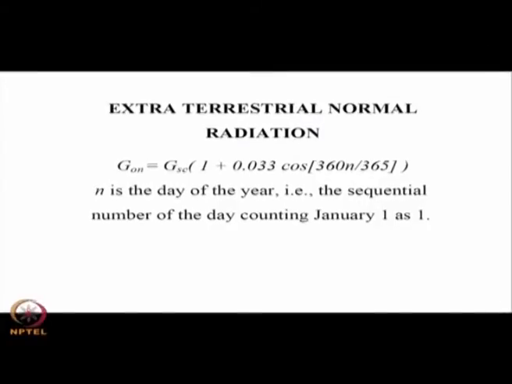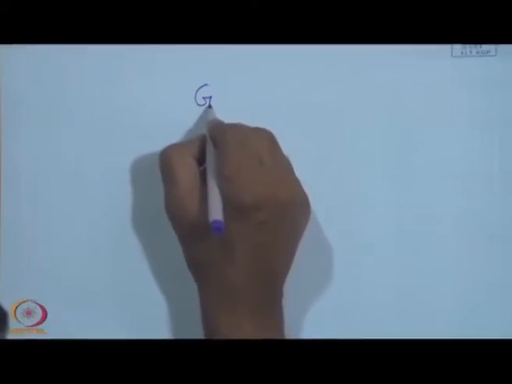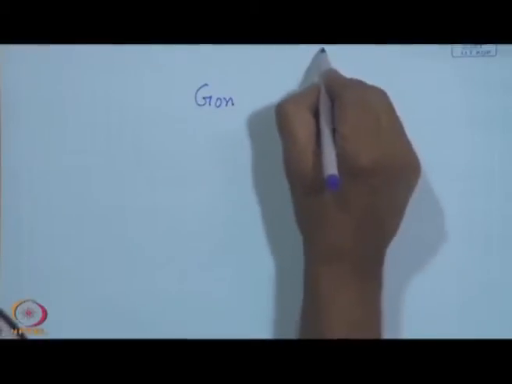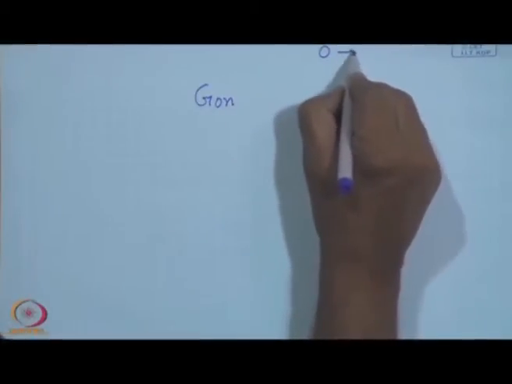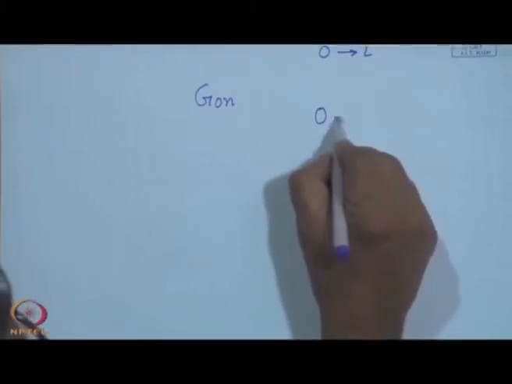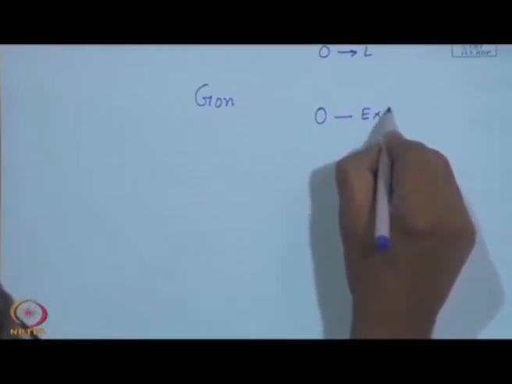Then slightly we refine and call it GON. Generally, suffix O stands for extraterrestrial.